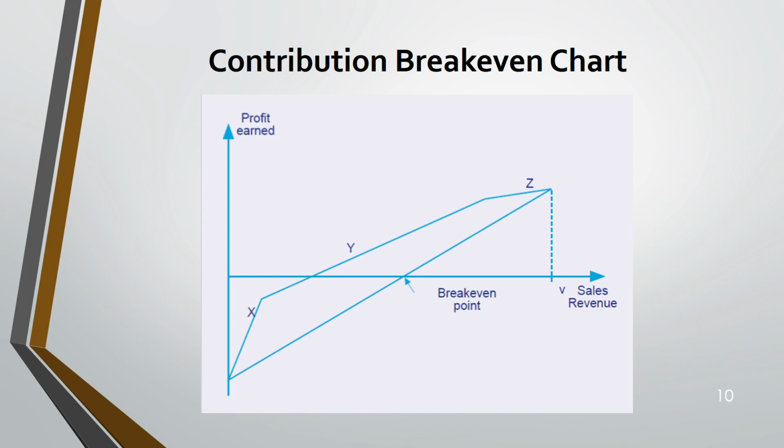And each point means profit earned. So in your exam, you will not be asked to draw the diagram or anything, but if a diagram is given, you should be able to interpret it. You will not be told to draw the diagram, so don't worry.